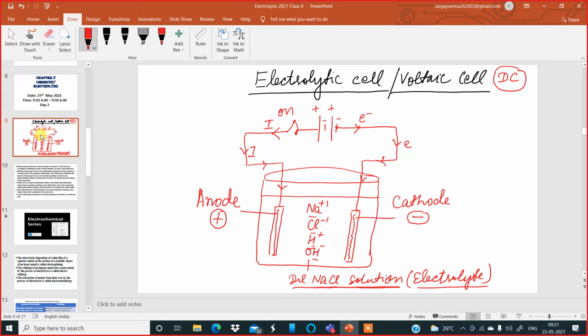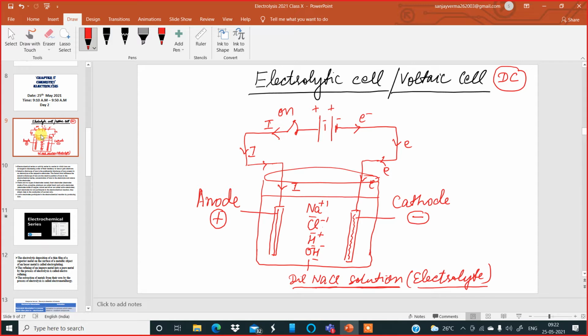So the electrons and the current move in opposite directions. So keep in mind over here, electrons come out from the negative terminal of the battery and go to the cathode, and current comes out from the positive terminal of the battery and goes to the anode. This is one important point to understand.